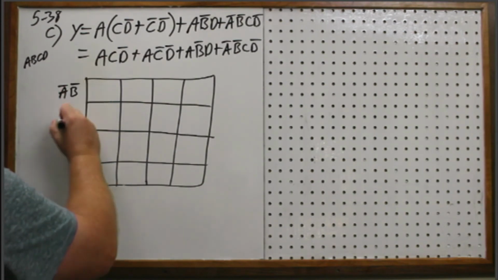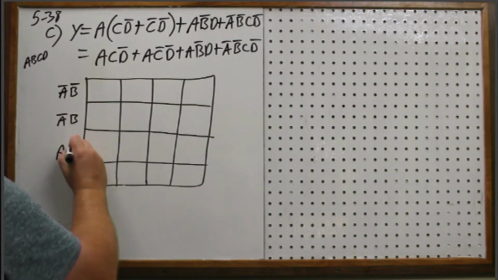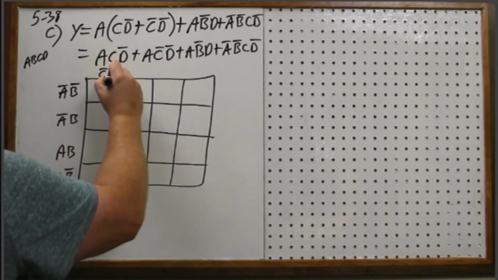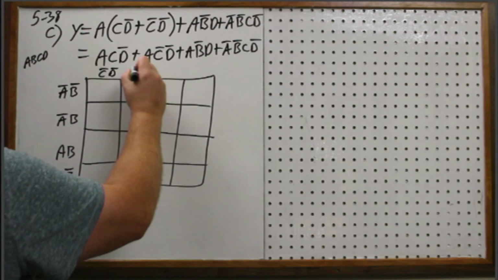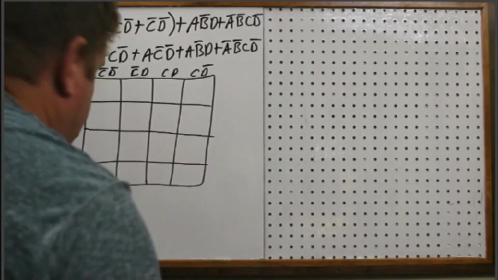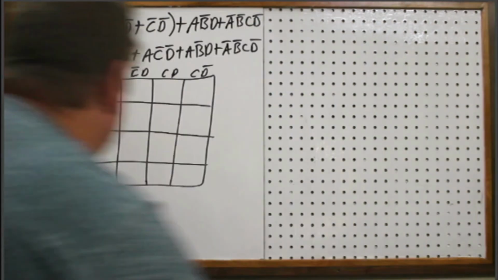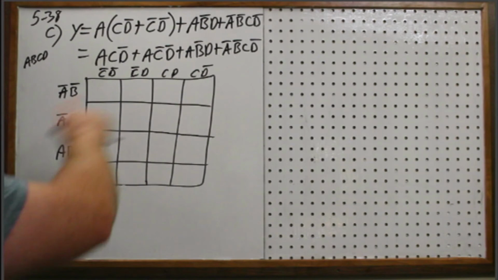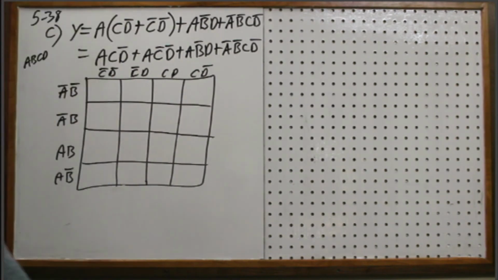A naught B naught, A naught B, A B, A B naught. So then over here, C naught D naught, C naught D, C D, C D naught. Okay. So again, we're just going to go along here, and for each term, we're going to write where that creates a high for this output.